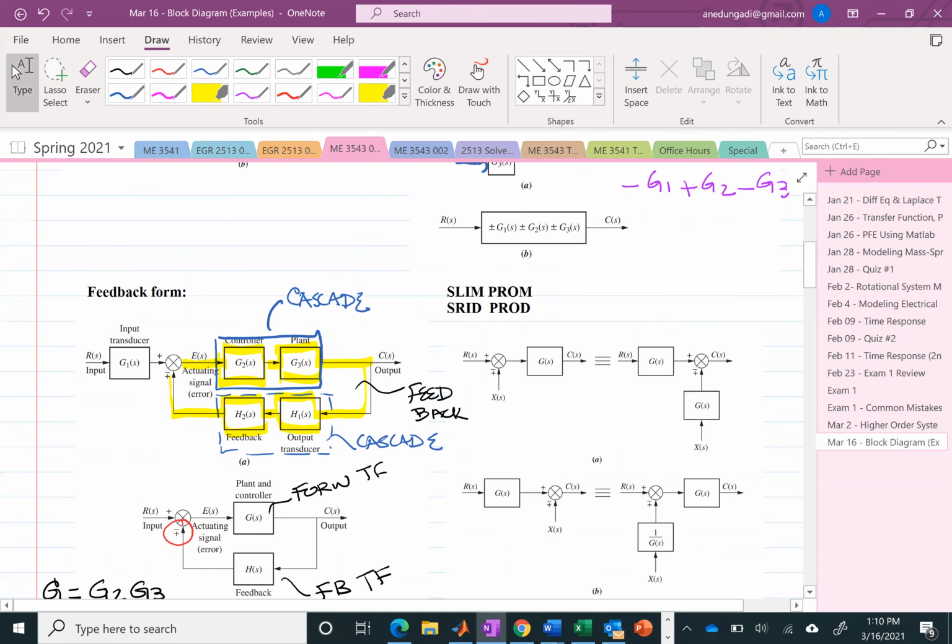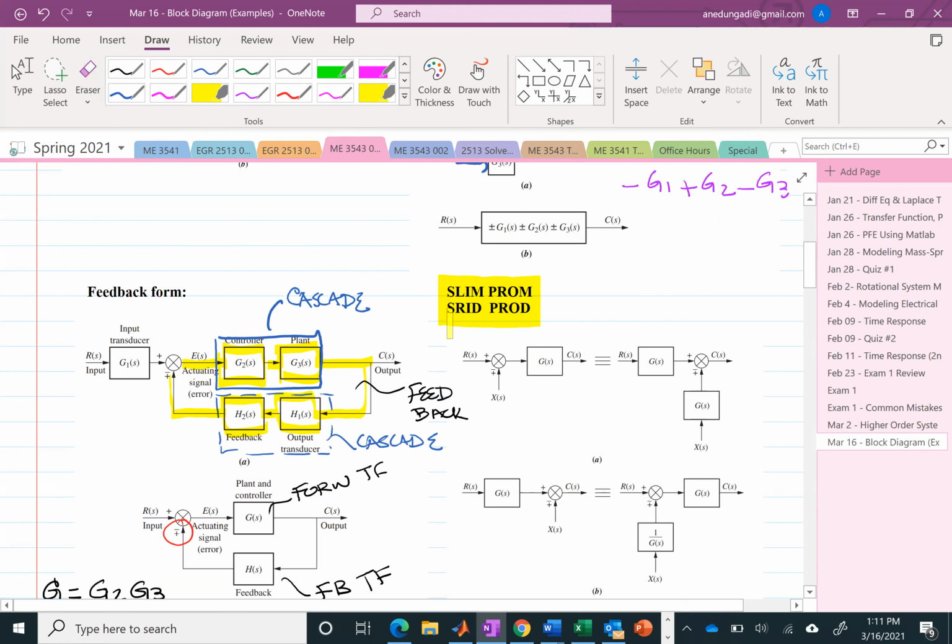Okay. Then you remember the two acronyms that I gave you, SLIM, PROM. So SLIM stands for moving a transfer function to the left of a summation, then multiply all the inputs of that summation by what you moved.